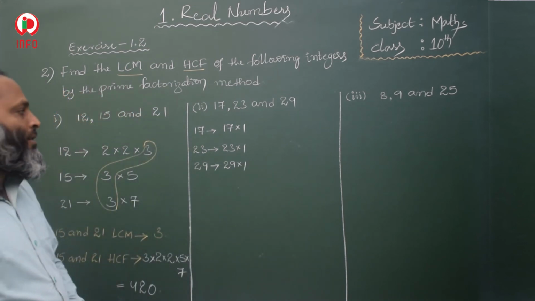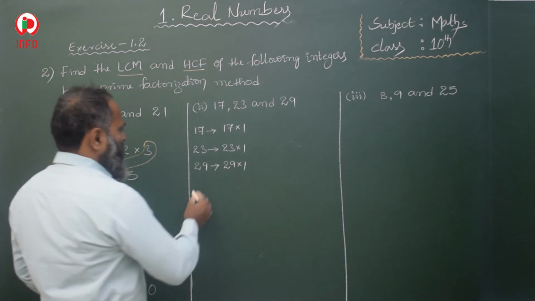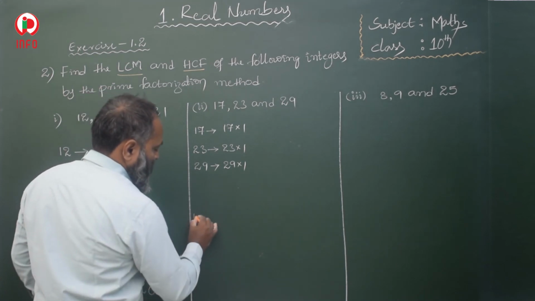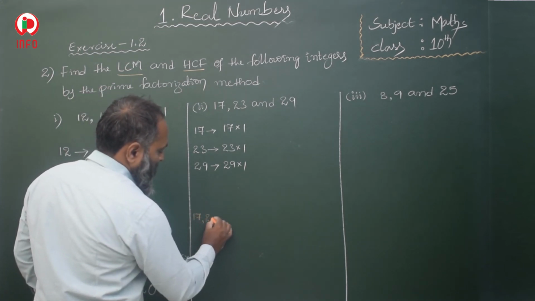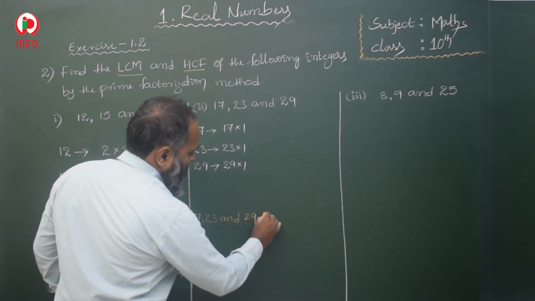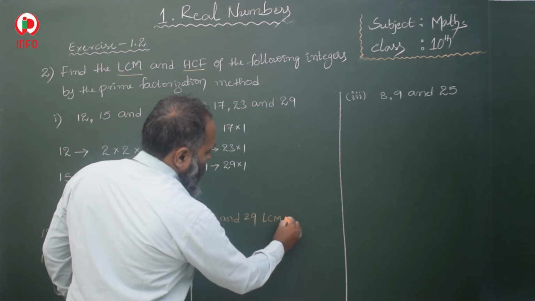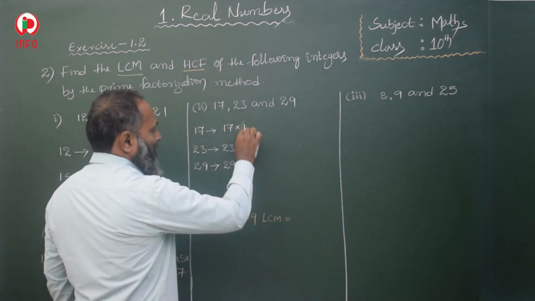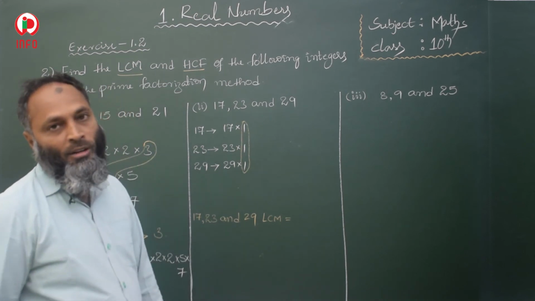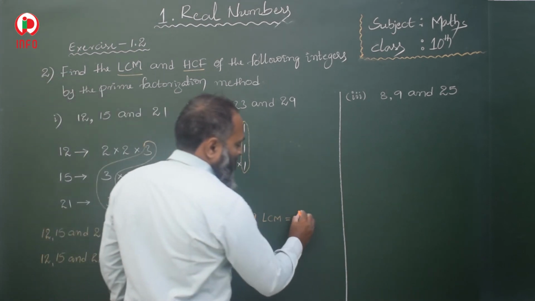So then what is the LCM? So here 17, 23 and 29. Nothing is common in all, so only one is common. If nothing is common, it means one is common in all. So that we have to take.